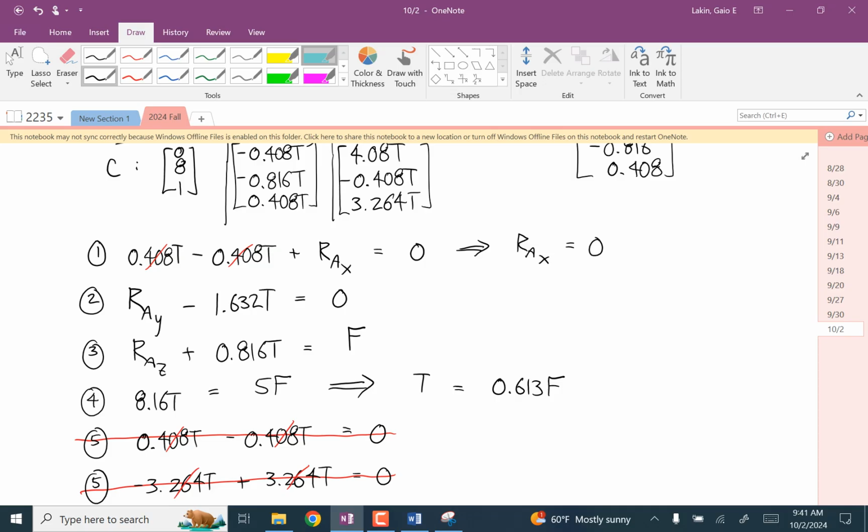Now, you can plug in our result from 4 into 3, and you get RAZ is equal to 0.5f.